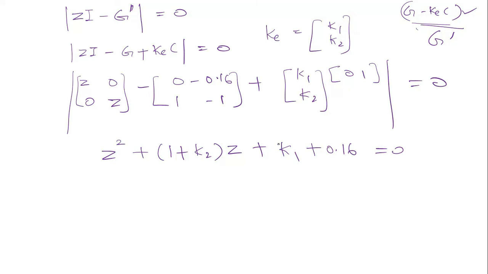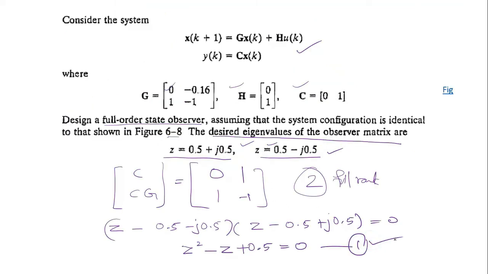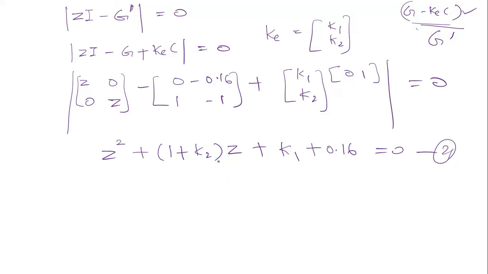This is our observer characteristic equation, and we want it to match our desired characteristic equation. So how do we find K1, K2, or the KE matrix? Just compare the first and second equations. These are actually the same characteristic equation.